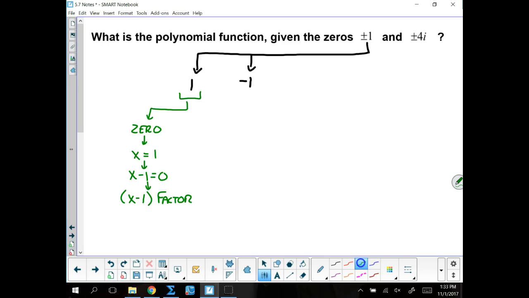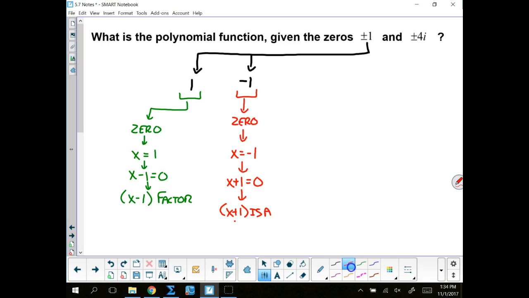Agree that x minus 1 is one of our factors. Yeah. Okay. Agree that x plus 1 is a factor.